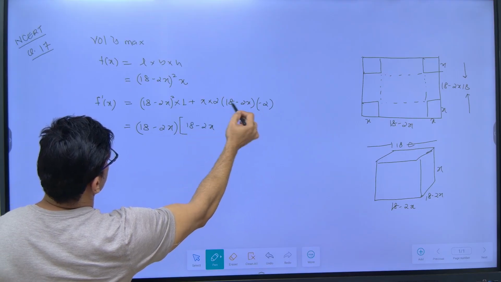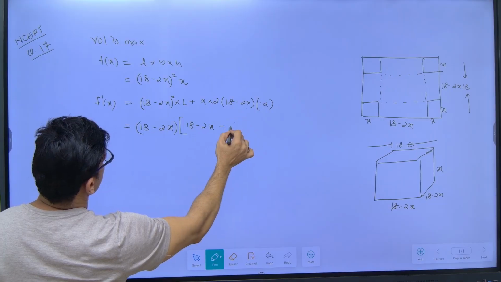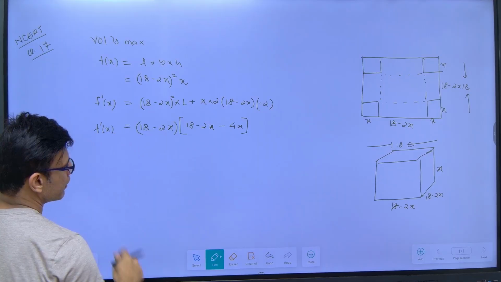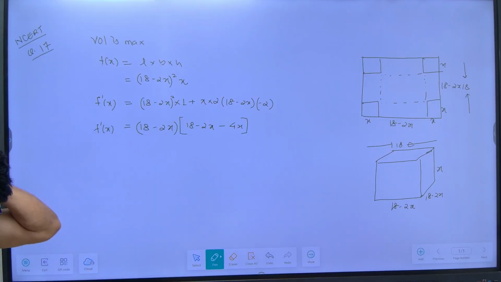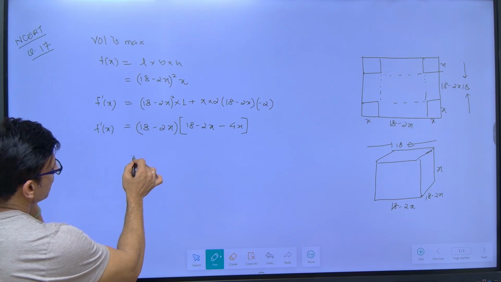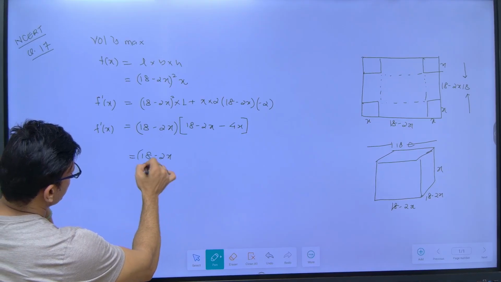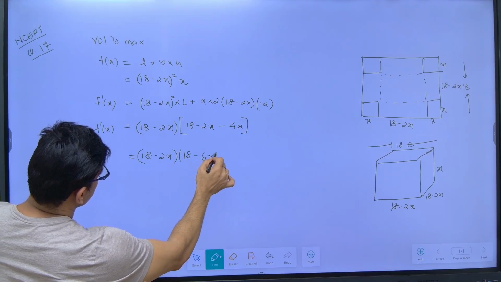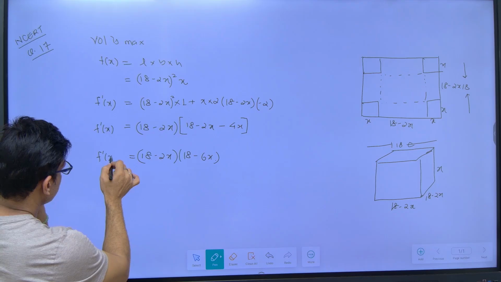The minus sign, 2 2s are 4x. This is your f dash x or not? Don't write. Pay attention. Understanding is more important than writing. So now this will be what? 18 minus 2x into 18 minus 6x, and this is f dash x.